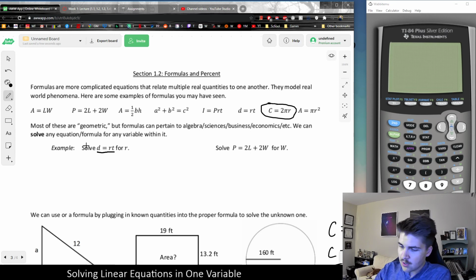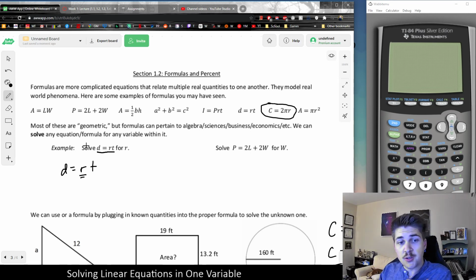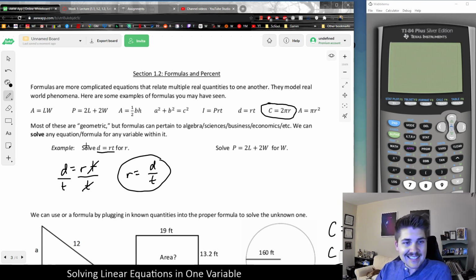If I wanted to get r by itself, I could just divide both sides by t. It's the same strategy: how do I undo multiplication? I undo multiplication by division. If I divide both sides by t, t will cancel, and that will leave me with r all by itself. r is equal to distance divided by time. Technically it's the same formula, just solved for a new variable, and it could help me solve something else.